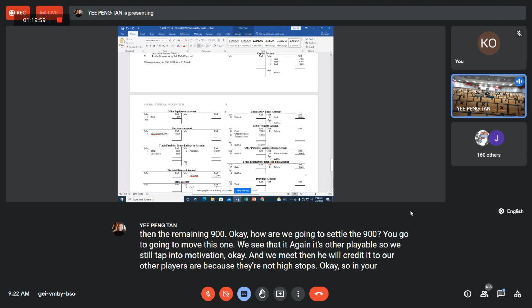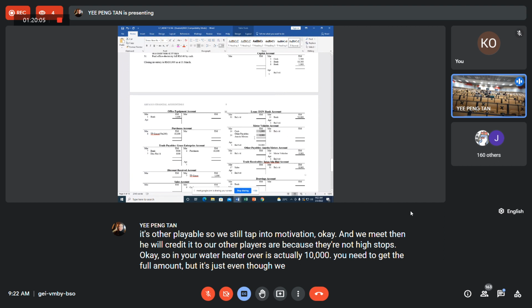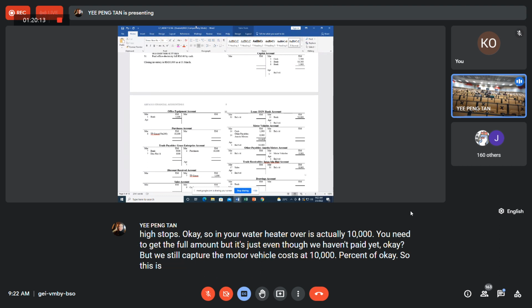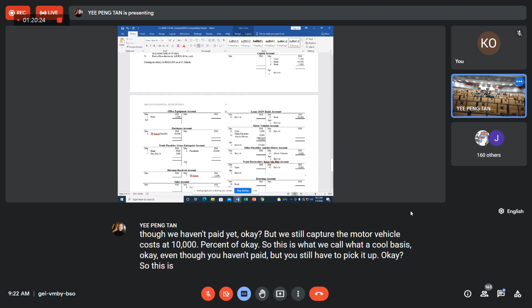So in your motor vehicle, the total is actually 10,000. We still capture the full amount even though we haven't paid yet. Understand or not? This is what we call accrual basis. Even though you haven't paid, you still have to pick it up. We learned this before.